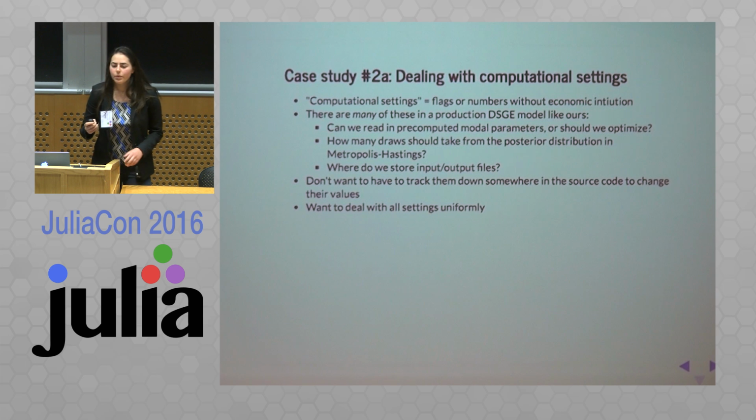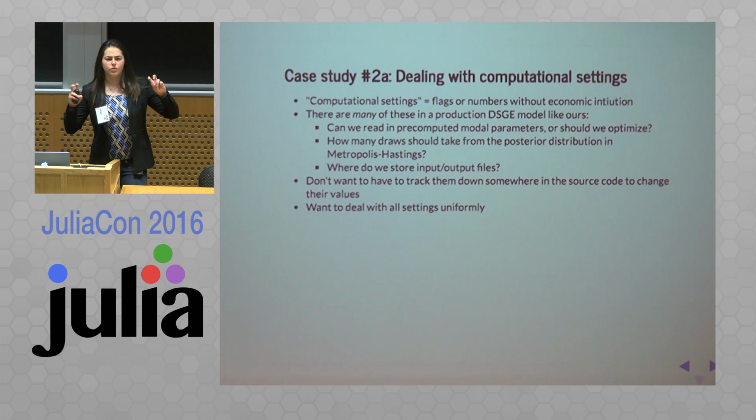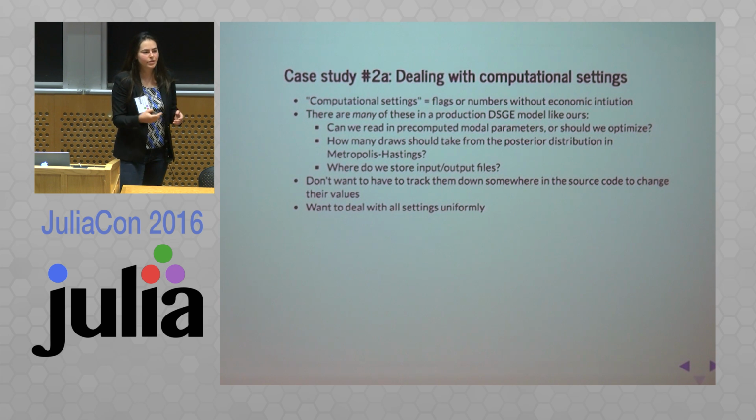The next thing I'll talk about a little bit is computational settings. So what is a computational setting in the terminology that I'm using? A computational setting is something that doesn't necessarily have economic intuition. It's not part of the economic story that we tell when we describe a model, but it's something that we need in order to be able to solve it, in order to be able to implement it.